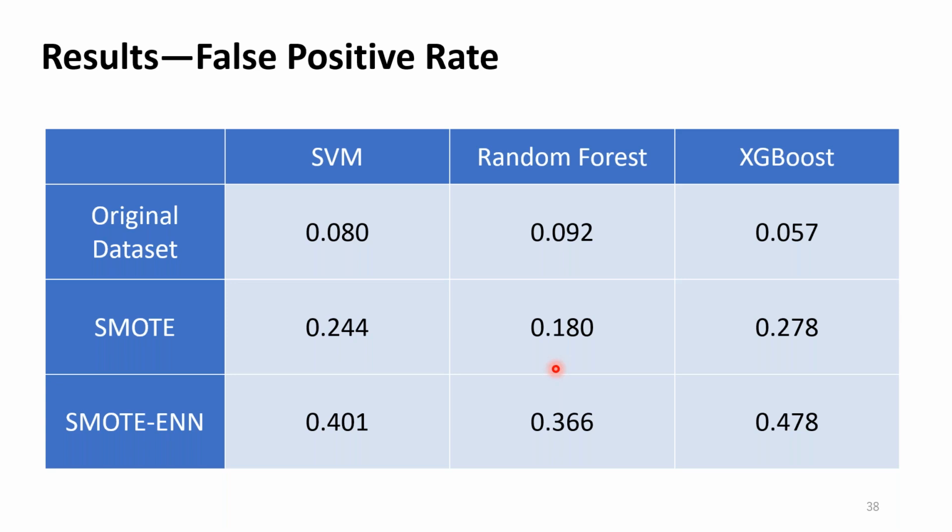For all classifiers, the false positive rates increase significantly when we use SMOTE and SMOTE-ENN. For example, by applying SMOTE-ENN to the dataset, the false positive rates further increase for the classifiers. In particular, the false positive rate is greatly increased for XGBoost classifiers.